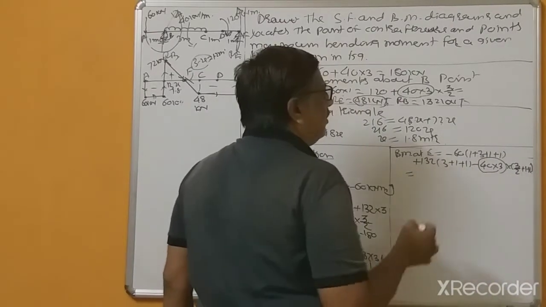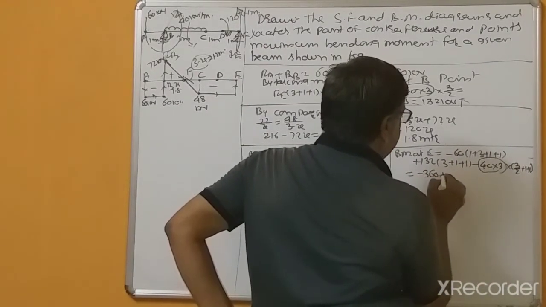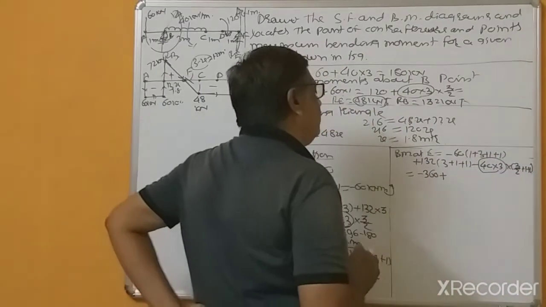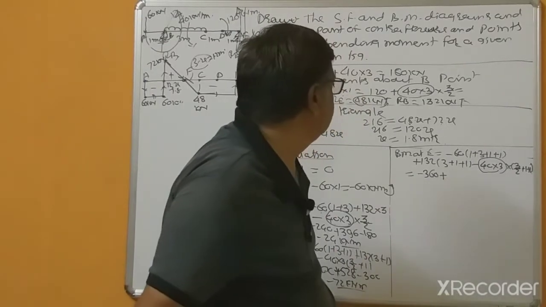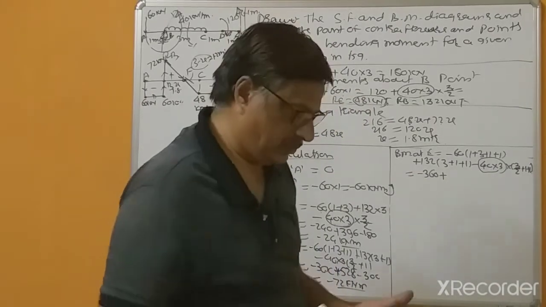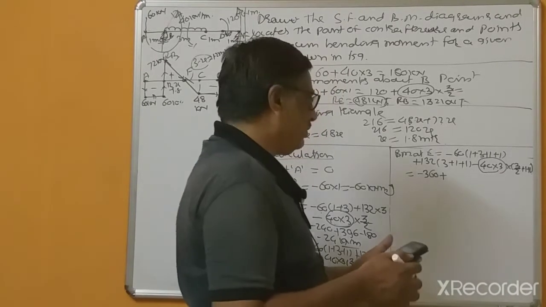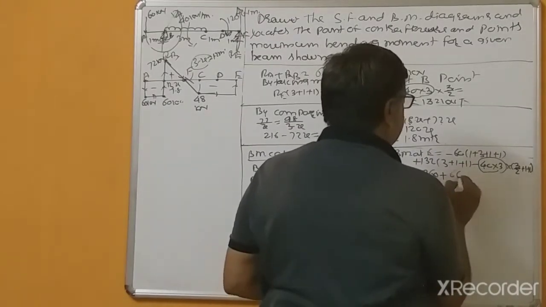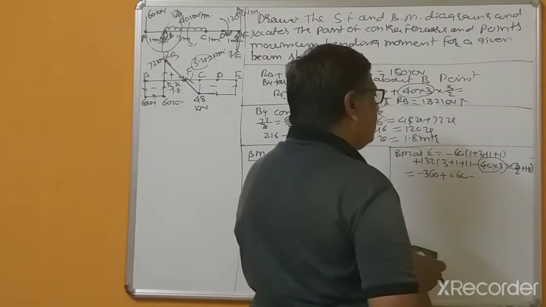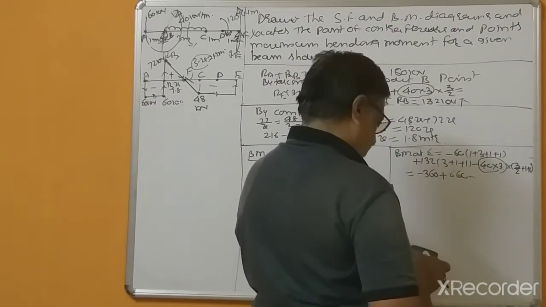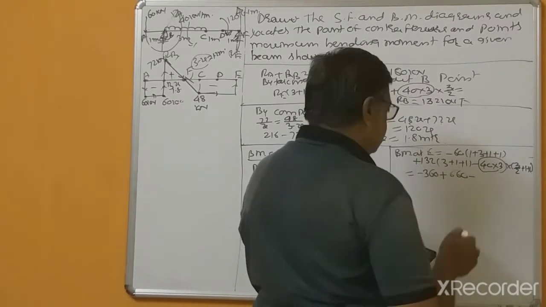So 60 into 6, 360, plus 132 into 5, I think 660, right? This is 660 minus 120 into 3.5, 420.